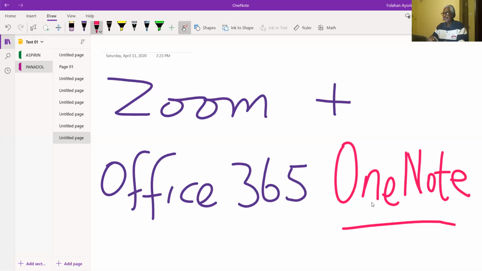Keep in mind, in order for you to be able to choose the OneNote application, you must have the application open before you go to the Zoom room. Okay, so at this point, I am going to choose the OneNote application, and then I will share that with you. See, we are back to where we were.